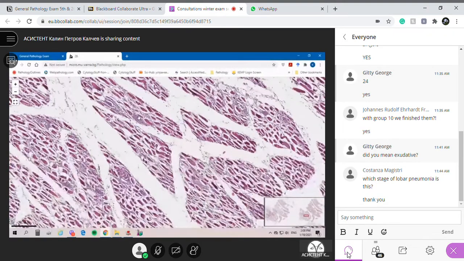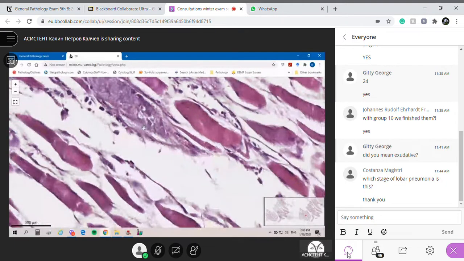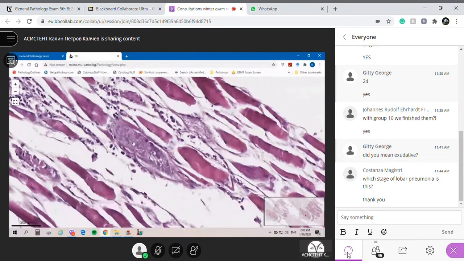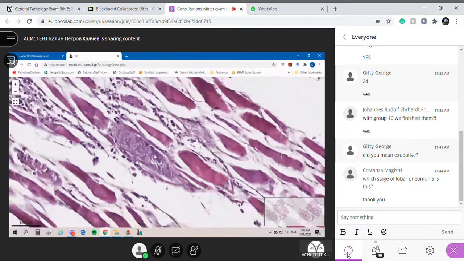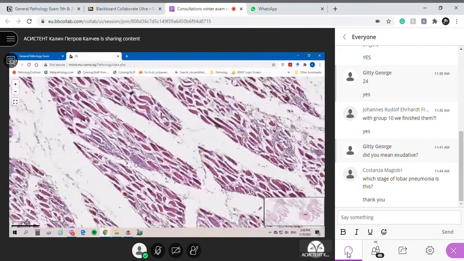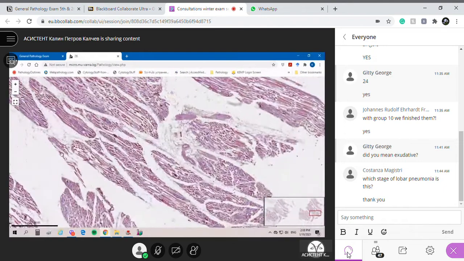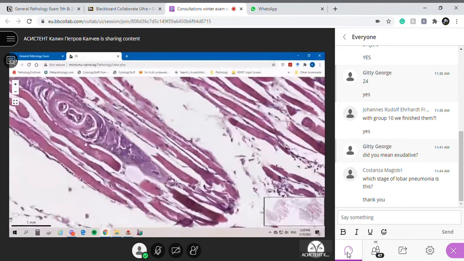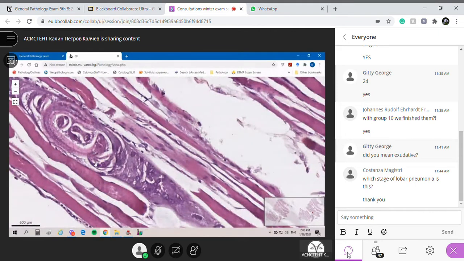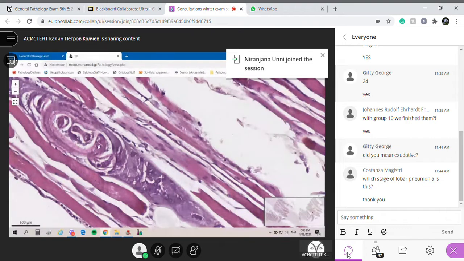Here actually we have some epithelioid cells. But let me find the more demonstrative one. Okay, here it is good. You can see this spiral structure of the worm here.